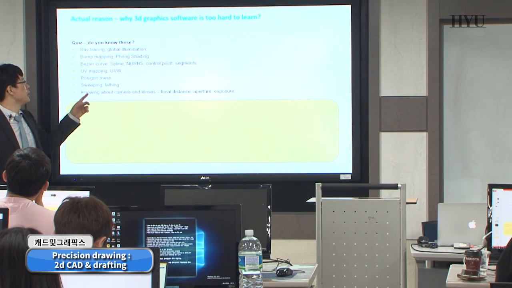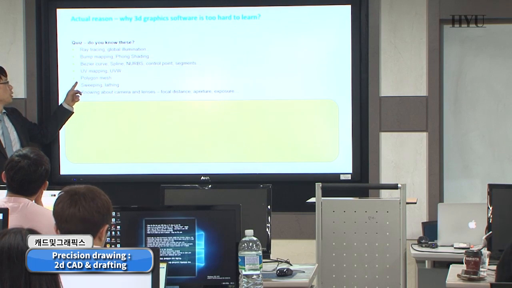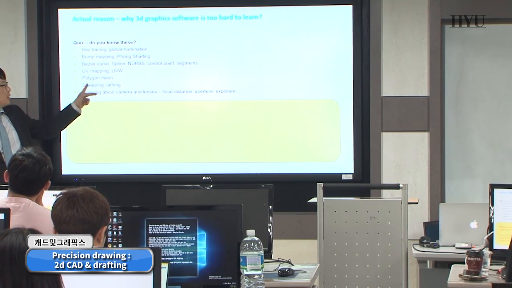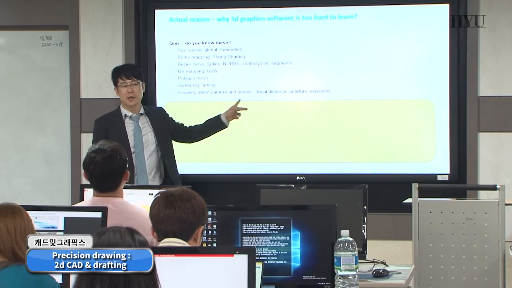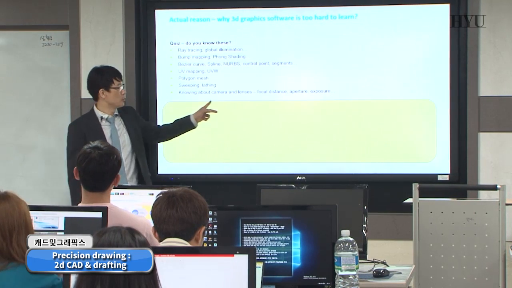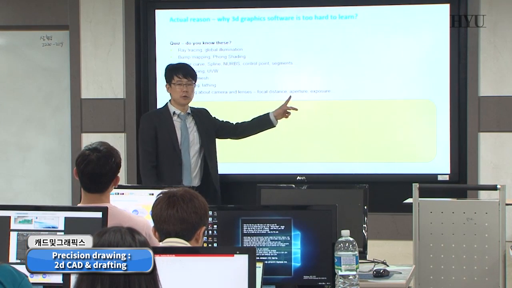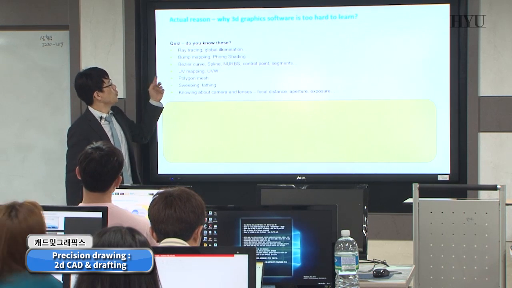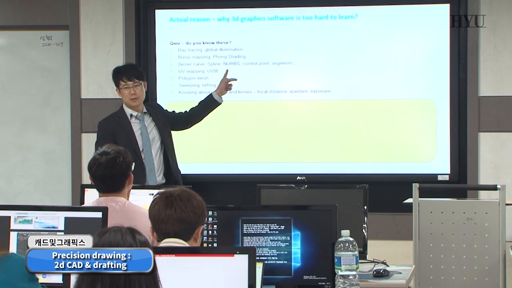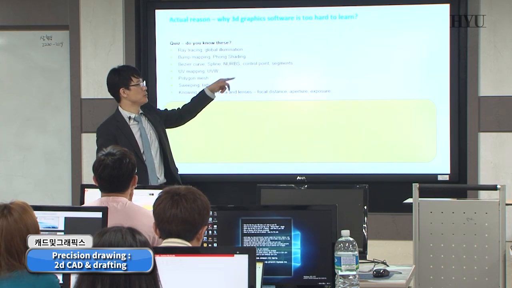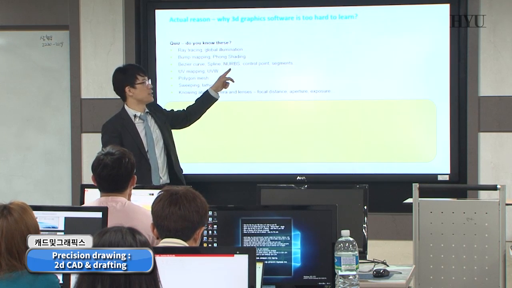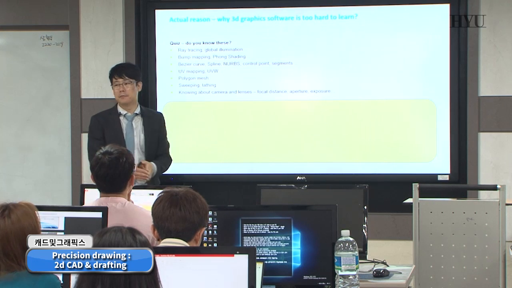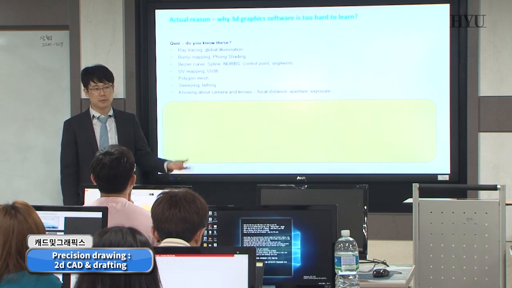Okay, do you remember we have learned something about sweeping today? Also, we have learned something about camera and lens last time, okay? And you know what focal distance is. You know field of view. Hopefully you know what NURBS is. Even I told you briefly, non-uniform rational B-spline, one type of freeform, free surface curve, okay?